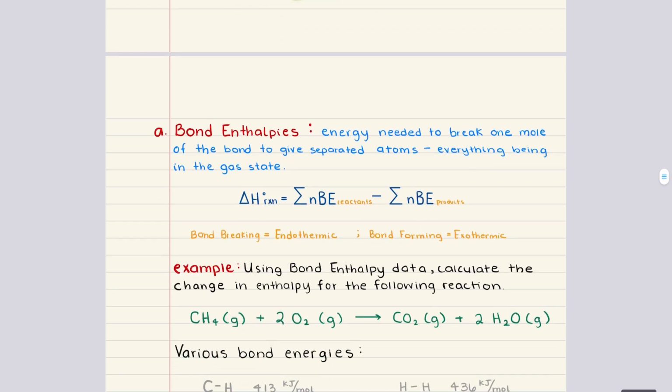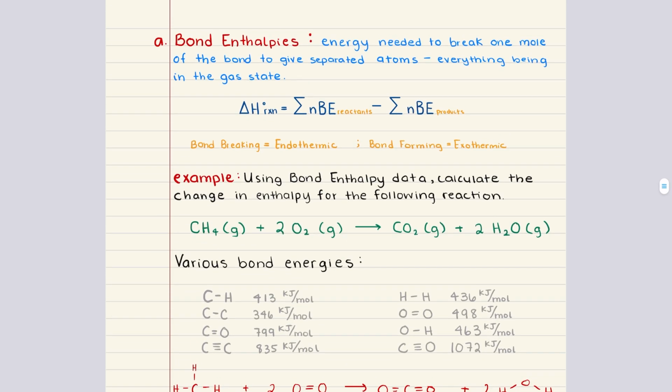Let's begin with our first method for calculating enthalpy change using bond enthalpies. A bond enthalpy, sometimes called bond dissociation energy or BDE, is the amount of energy required to break 1 mole of a particular type of bond in the gas phase.